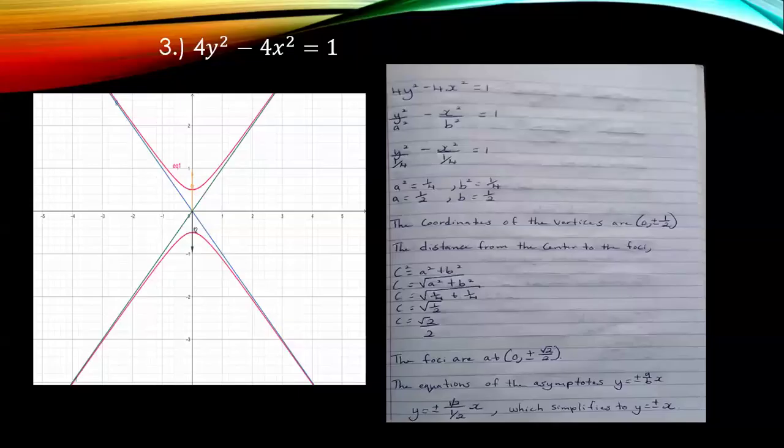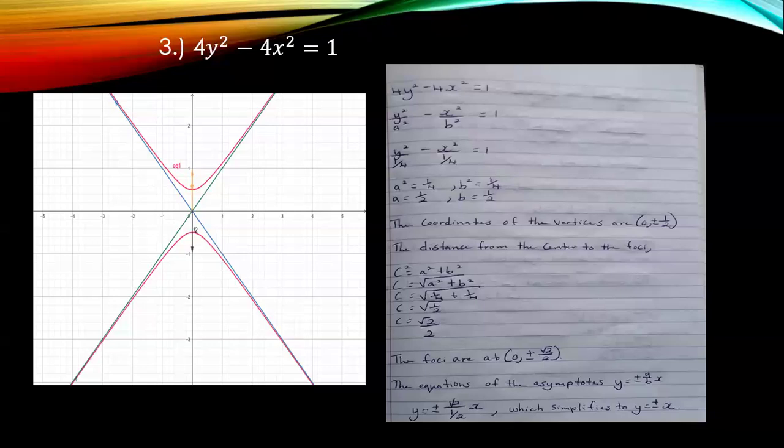So you can actually go right here and locate your foci there and your foci here. So that would be approximately 0.7 there, and this one would be negative 0.7. So that is our foci.